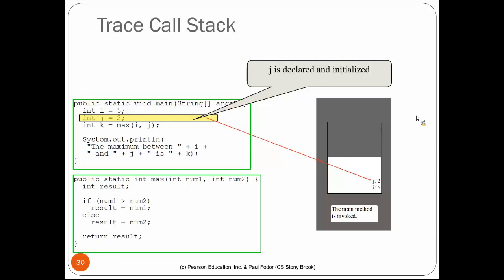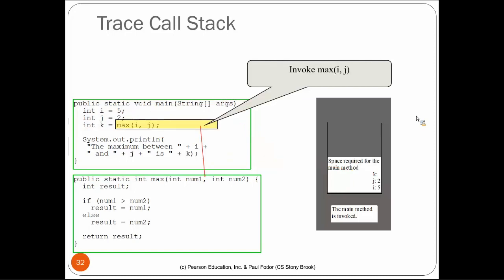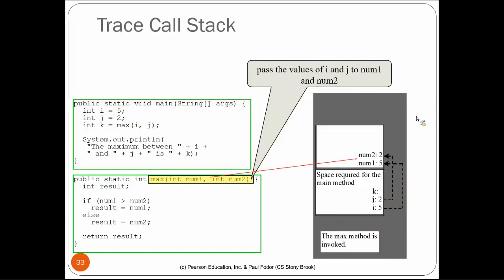Then we invoke the method max, and the method max creates a new frame on the stack. So we have a new activation record, a new set of variables. Initially we only have the formal parameters, and these formal parameters in Java take the value of the actual parameters. So we copy the values of i and j into number1 and number2 respectively.